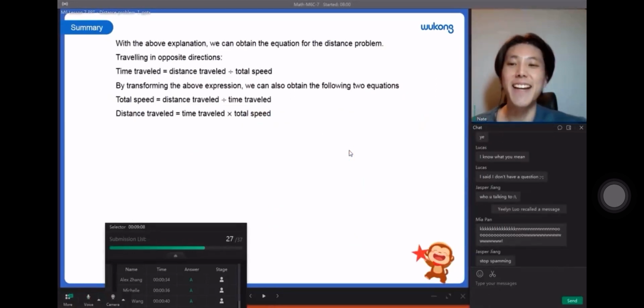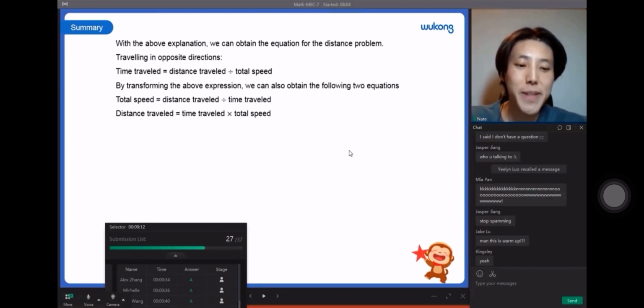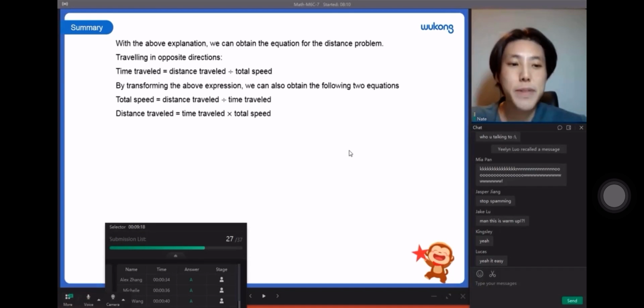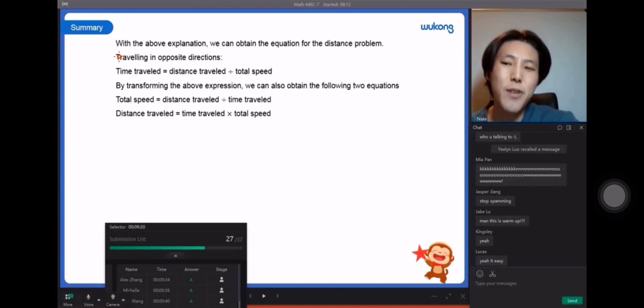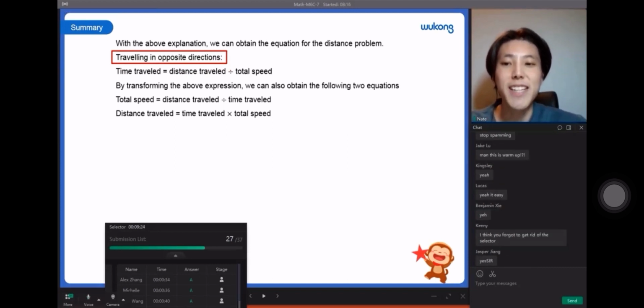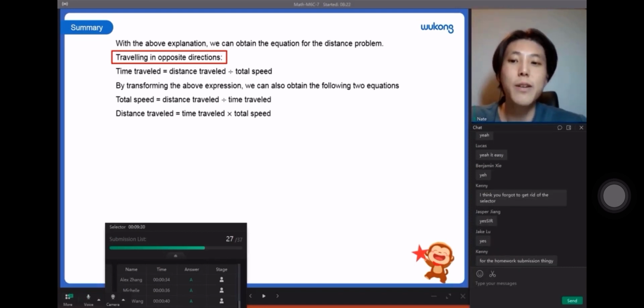So here's a summary. With the above explanation, we can obtain the equation for the distance problem traveling in opposite directions. I don't want you guys to use the formulas for this. I just want you to think about that relationship, and it's going to work. The time traveled will equal the distance between those two objects divided by the total speed.